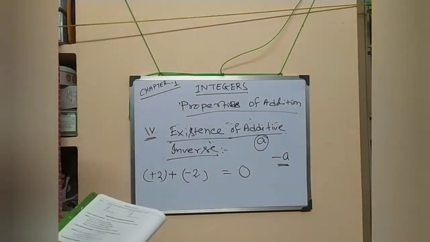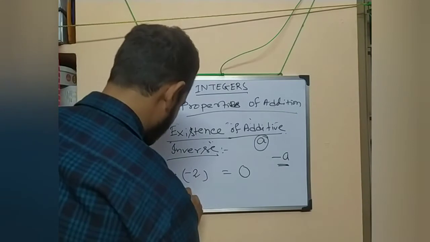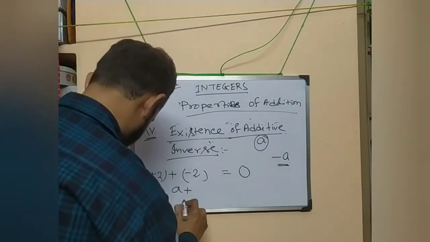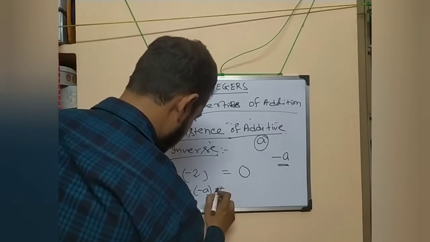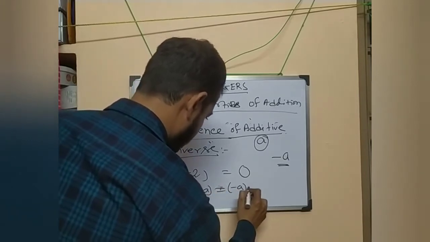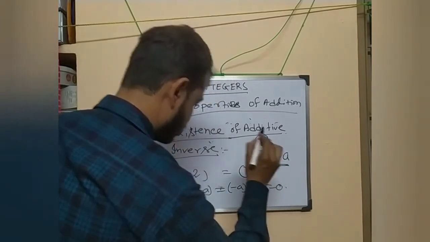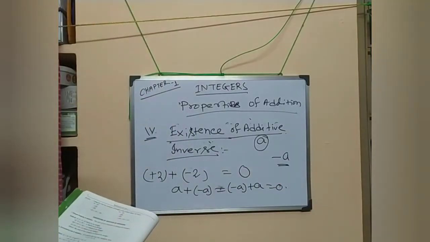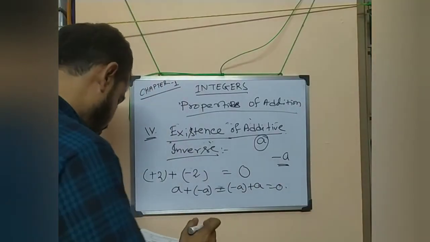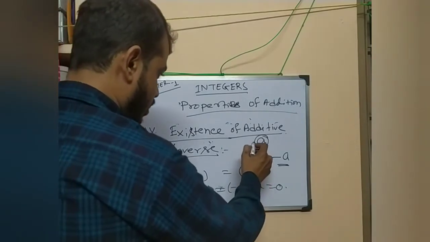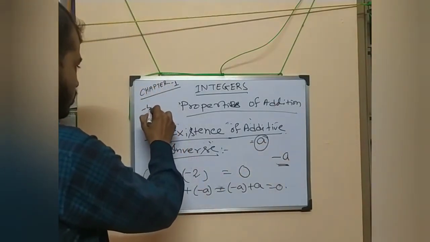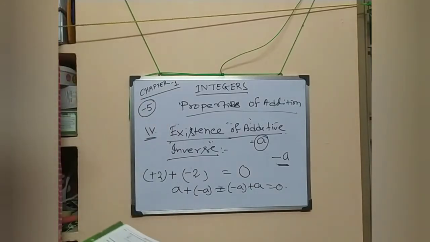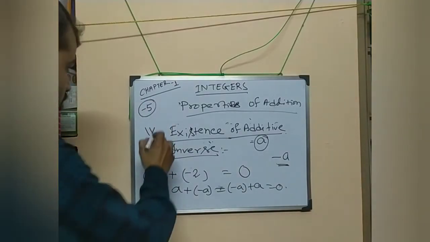See, for any integer a, a plus minus a equal to minus a plus a equal to 0. So the additive inverse of a is minus a. Similarly for 5, minus 5, the additive inverse of minus 5 is also 5.